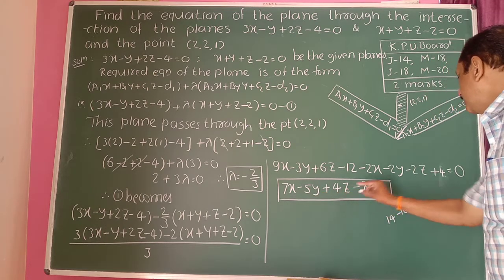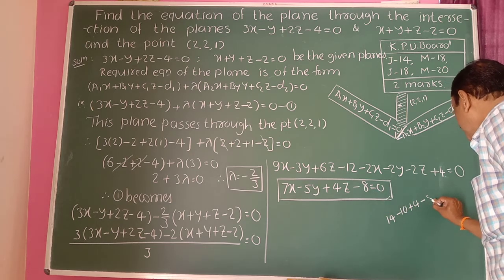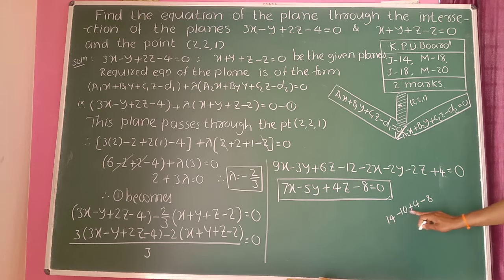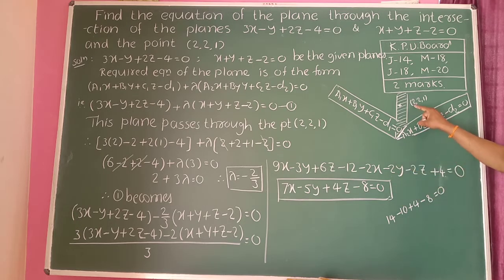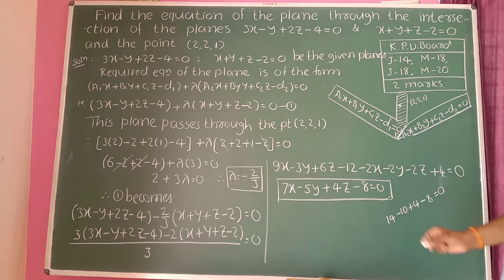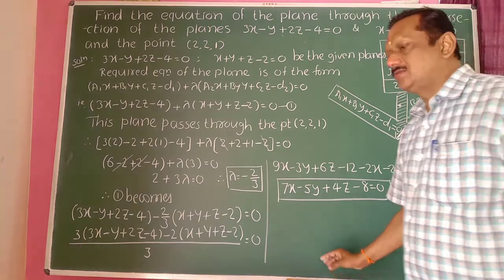Then 4 into 1 becomes 4. 14 plus 4 becomes 18, minus 10 minus 8, minus 18. Therefore this becomes 0, as this plane passes through the point (2, 2, 1). So this is the procedure to find the equation of the plane.